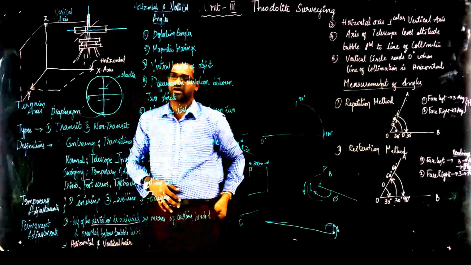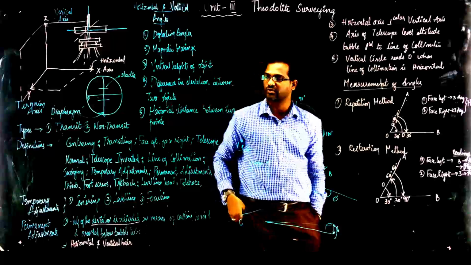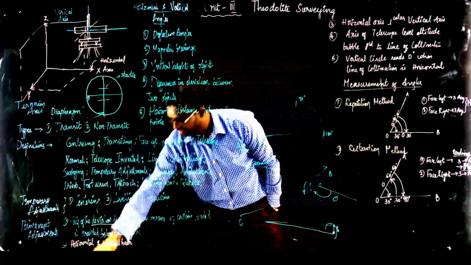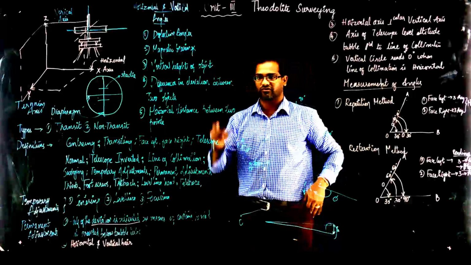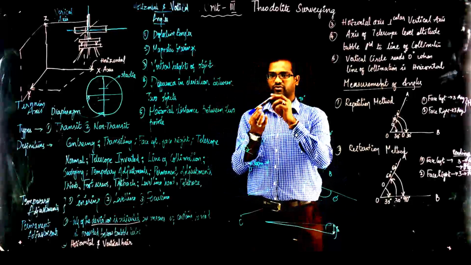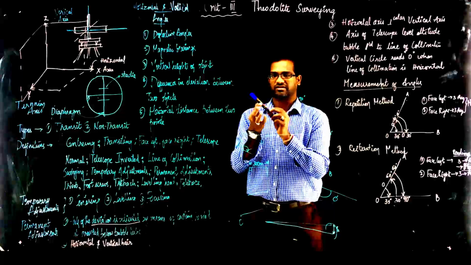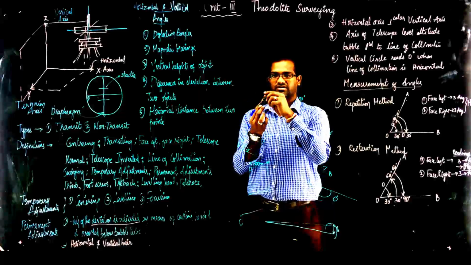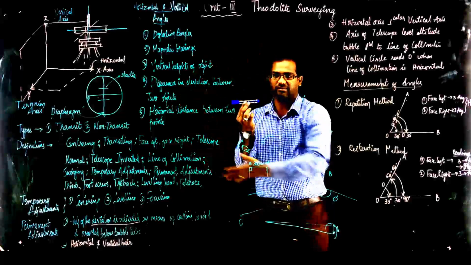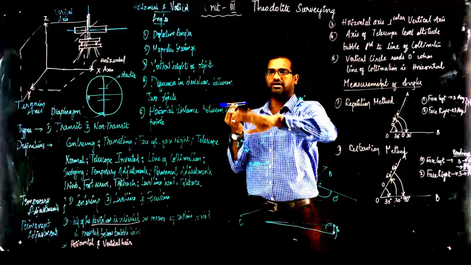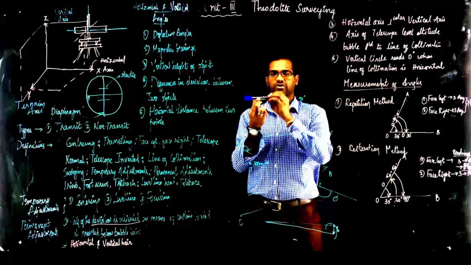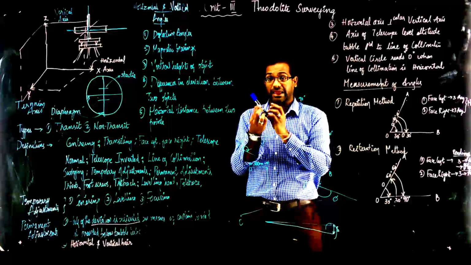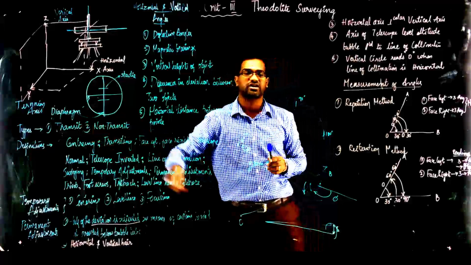Basically there are two types of theodolites. One is the transit theodolite, the other is the non-transit theodolite. If you have a telescope and can rotate it something like this in the vertical plane, a plane being like a piece of paper, then that is called a transit theodolite.